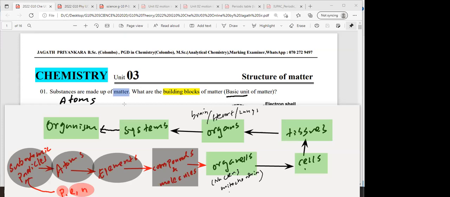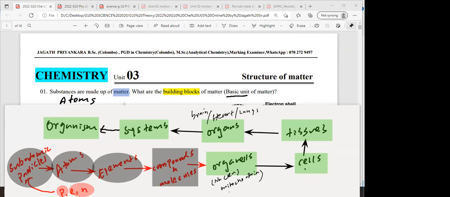Remember, whatever you copy down here will be useful not only for the term test but for your O-level exam in 2023 December. That means you have to keep this for 2 years until you finish your O-level. Therefore, you should copy down all the chemistry short notes in a separate writing book.